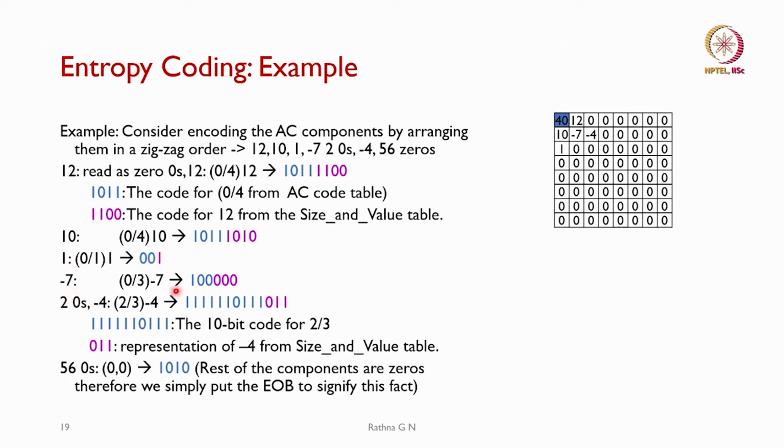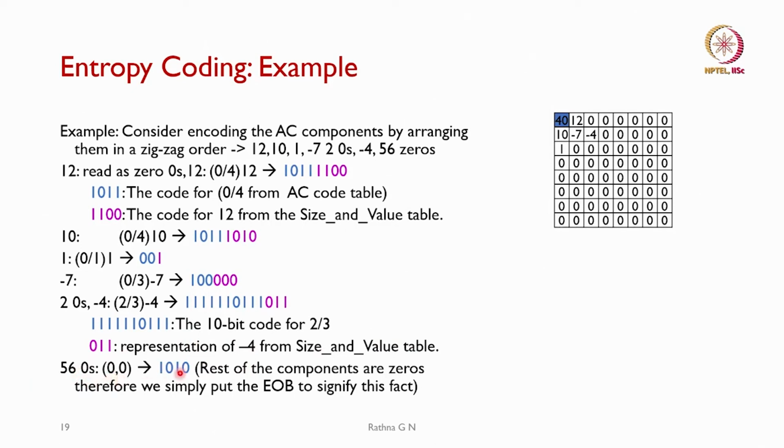Next one is -7. You will need 3 bits to send it. So, -7 is sent like this, and then next you have 2 zeros in between -7 and -4. You will send it in this fashion, and the 10 bit code for 2 comma 3 is represented, and the last one is -4, represented with the size and value table.